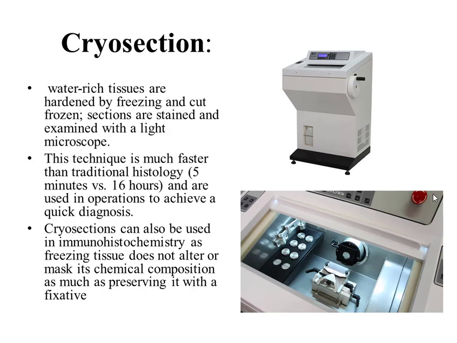So we talk about intraoperative diagnosis, when the patient is under anesthesia on the operating table. Cryosection can also be used in immunohistochemistry, as freezing tissue does not alter and mask its chemical composition as much as preserving it with a fixative.